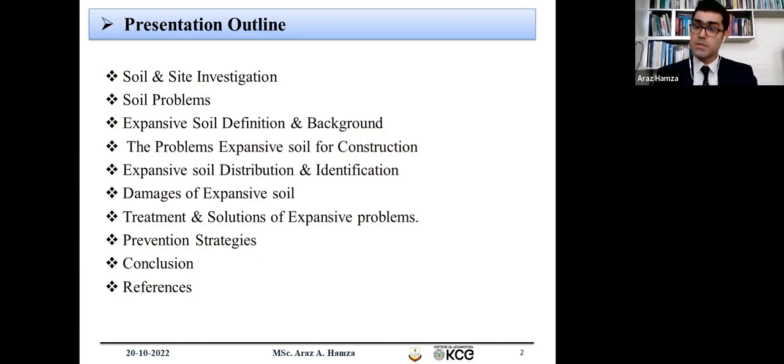Then we try to explain how we can treat this type of soil, which type of solution we can use in order to control such a problem that comes from expansive soil. And we are going to talk about some different strategies that can be used for prevention of those damages that come from such a problematic soil, and we have a conclusion.